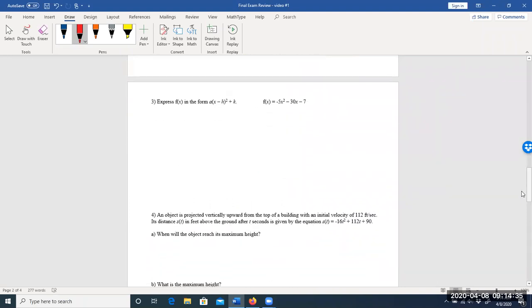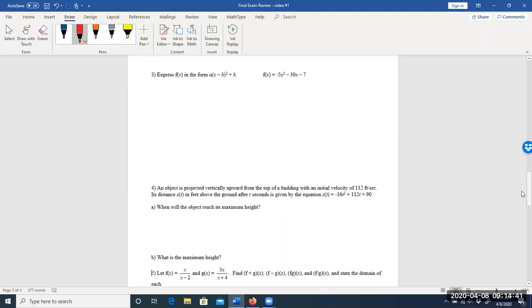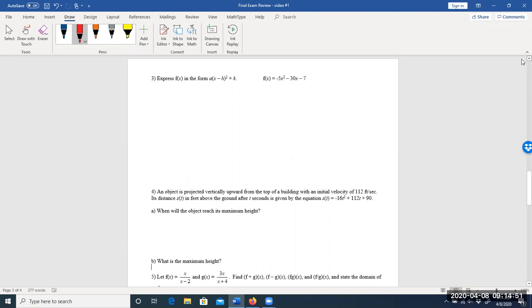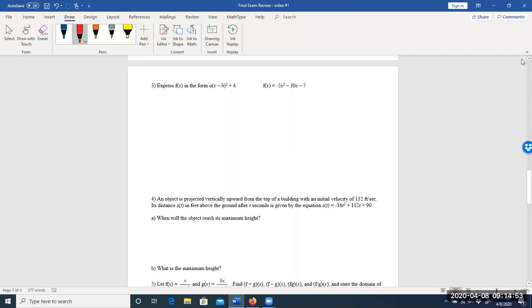Okay, and number 3, we are asked to write this quadratic function in what we call vertex form, so the form a times the quantity x minus h squared plus k.